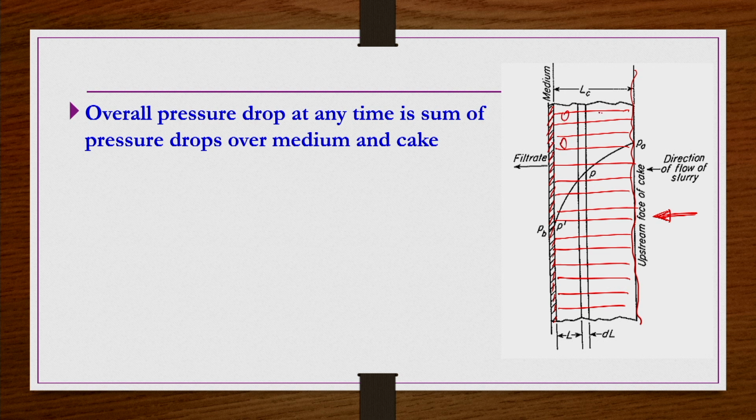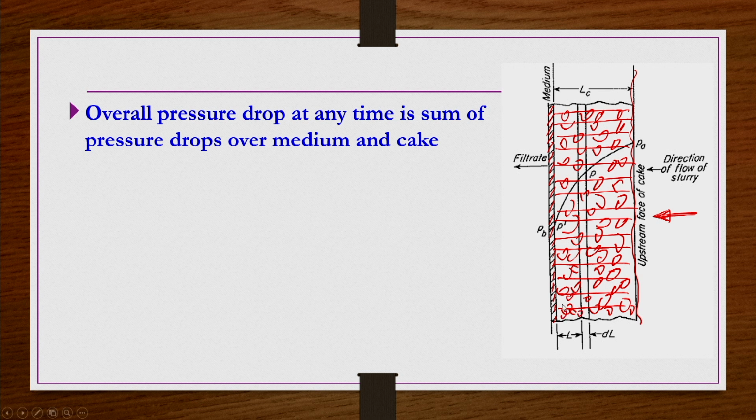These are particles that are being deposited on the surface of this filter medium. These particles are accumulated and in a packed condition, and they will behave almost like a packed bed.